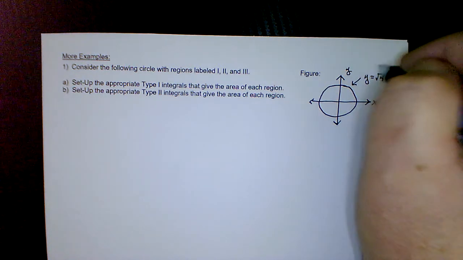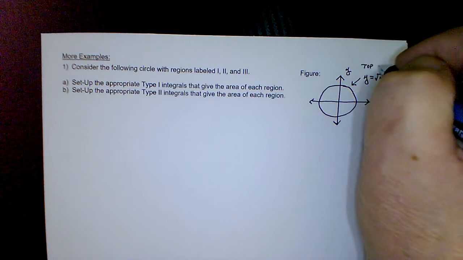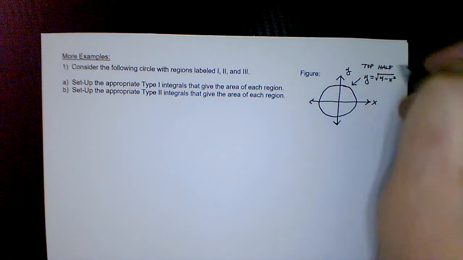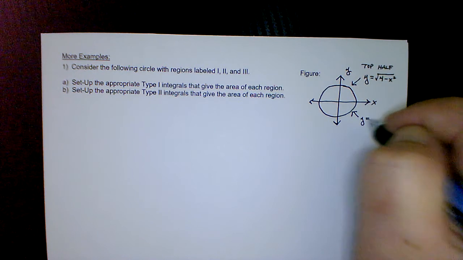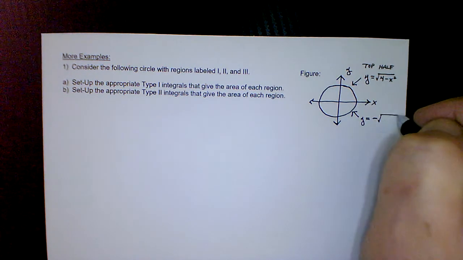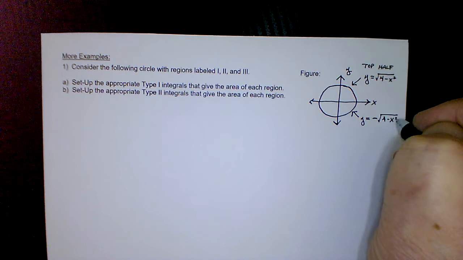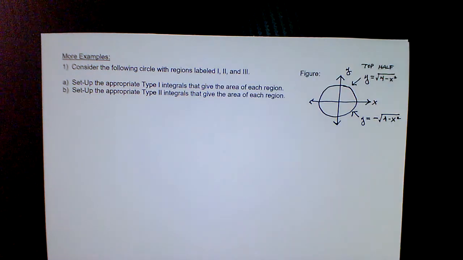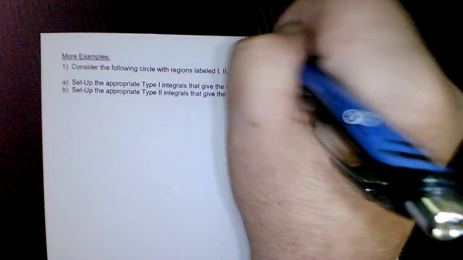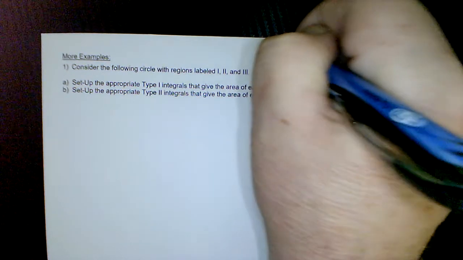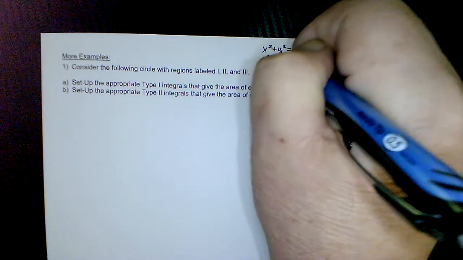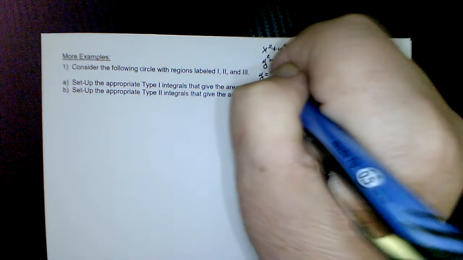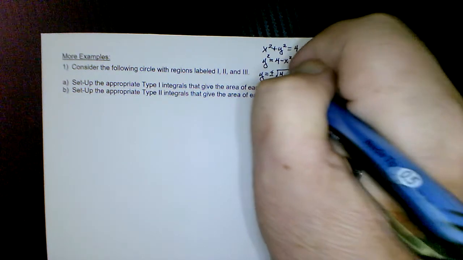So that's the top half. And the bottom half is going to be minus the square root of 4 minus x squared. So that came, of course, from taking x squared plus y squared equaling 4 and solving for y in terms of x. So y would be plus or minus square root of 4 minus x squared.